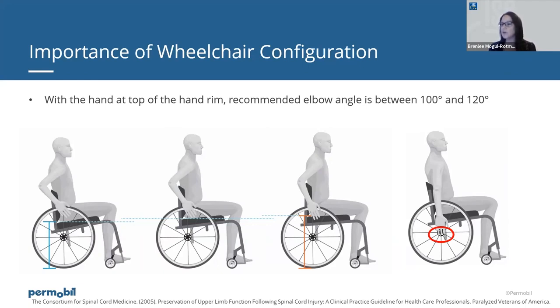The center of gravity configuration, the rear wheel position, the rear seat to floor height, and the back support angle are all going to affect how effective the propulsion is going to be and how much we can mitigate or minimize excessive stress and strain on the shoulders.